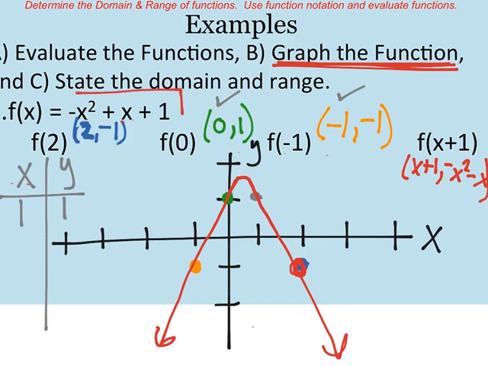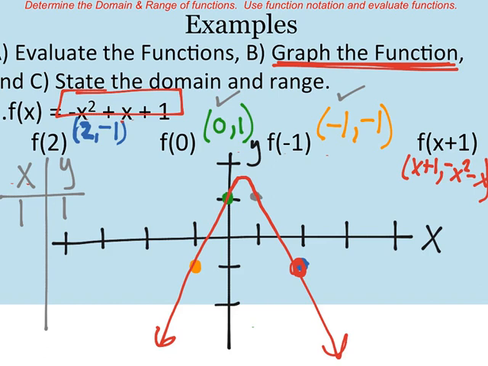Based on looking at this function, we should remember that this is a quadratic function or a parabola, because it's got a power of 2. And so it's always going to be in some kind of U shape. Okay? If you don't remember that, don't worry, we're going to get into that in this chapter. So just hold on, we'll get there. But also remember that you've got graphing calculators.